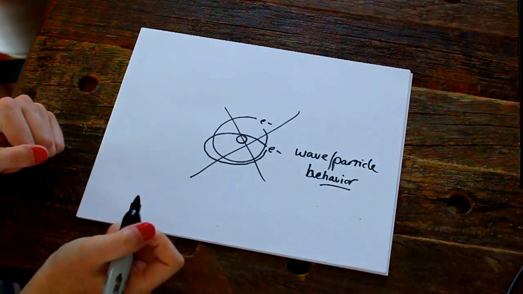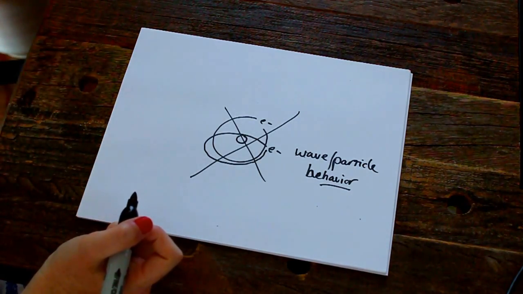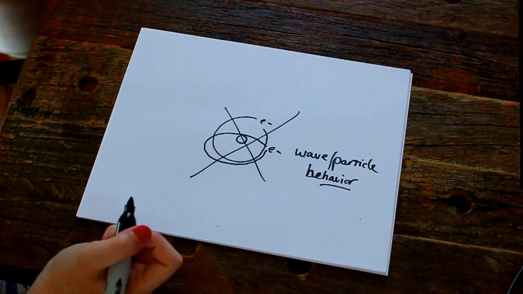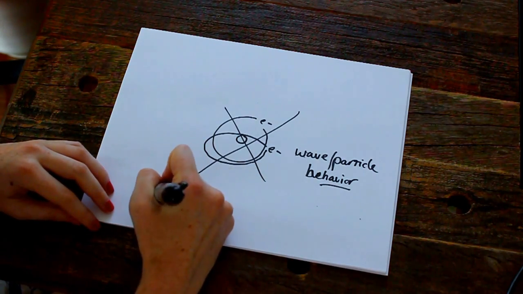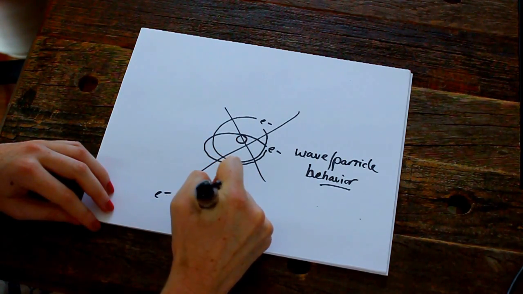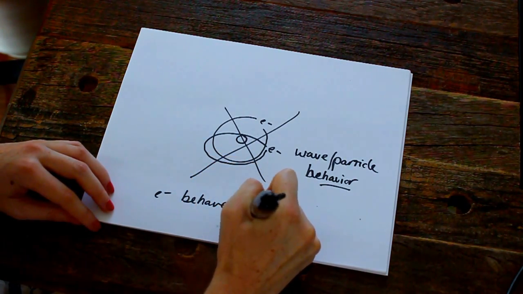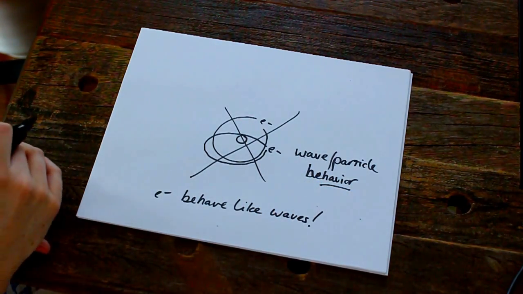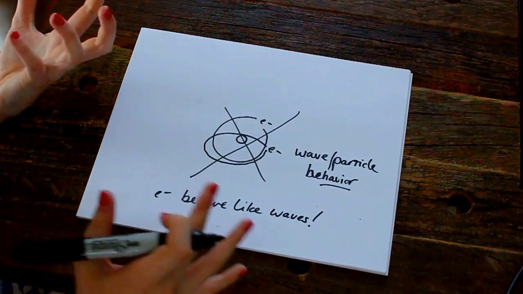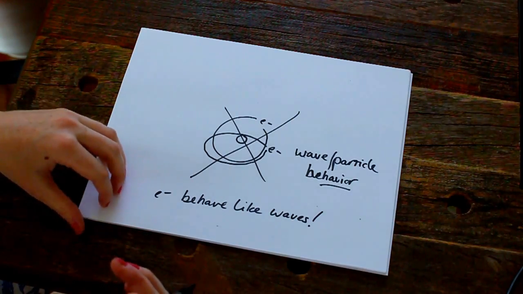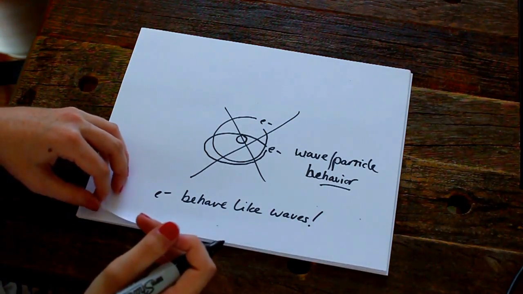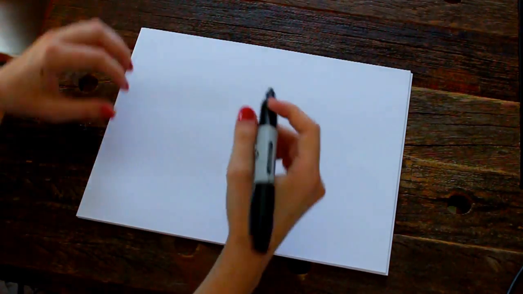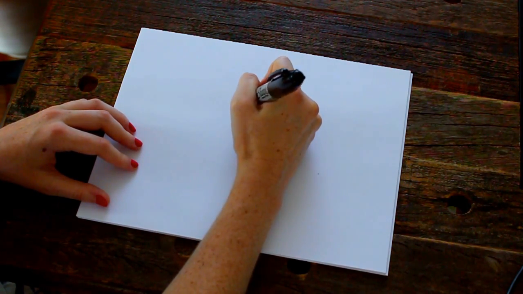What that means is that instead of behaving as a little distinct particle that'll actually go in orbit, electrons behave like waves. So what does that mean? It means it behaves a lot like light. Let's imagine that we think of our atom as a lantern.